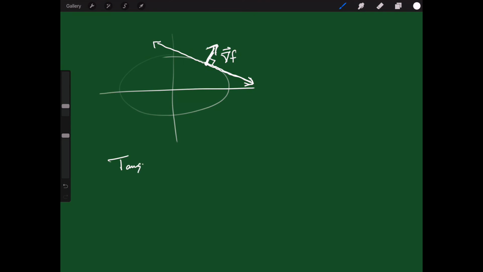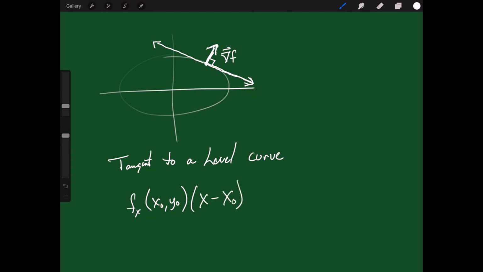That tangent to a level curve, if you know that the partial with respect to x at the point x0, y0 times x minus x0 plus the partial with respect to y at x0, y0 times y minus y0 is equal to 0.